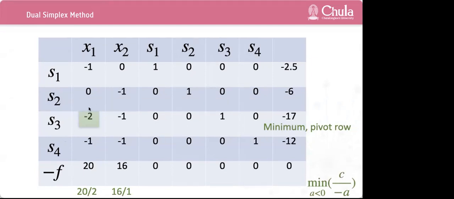And then we select the column by comparing this value, C over negative A. We check C and A. So this one, C is 20, right? 20 over negative A, negative A is 2, so it's 20 over 2.